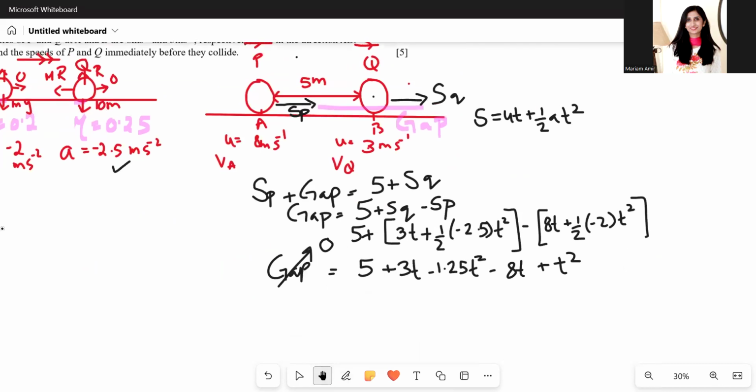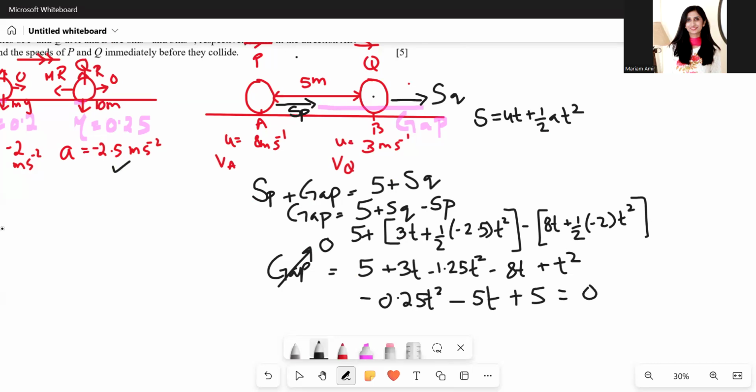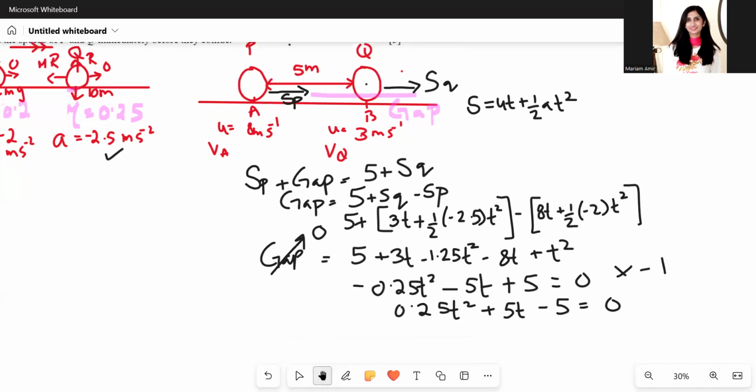And we're going to find the value of t. This would be minus 0.25 t squared minus 5t plus 5 equals 0. I'm going to multiply this by minus 1 for convenience, and then apply the quadratic formula to get two values of t.